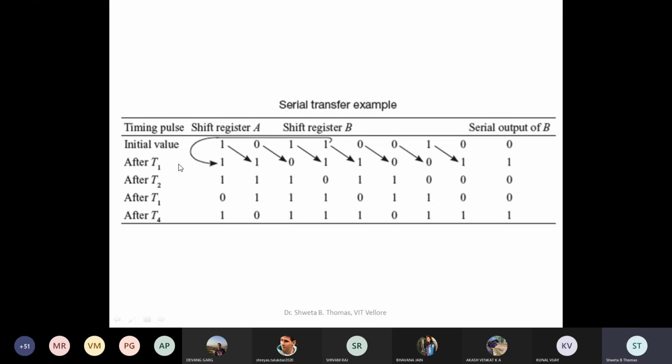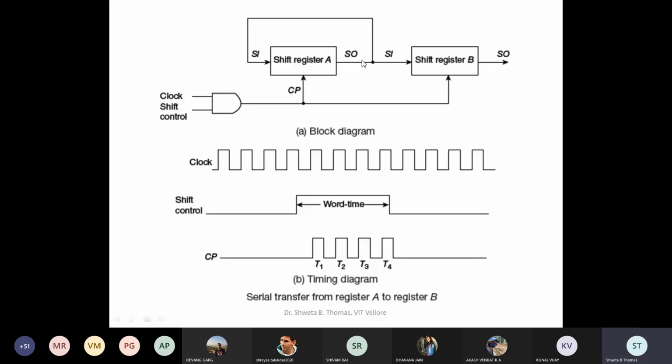After T1, the first value 1 shifted to the second flip-flop, this 0 to the third, this 1 to the fourth. And this last value 1 of the first register is circulated to the first position of the second row. I showed you this serial output will transfer to the serial input.